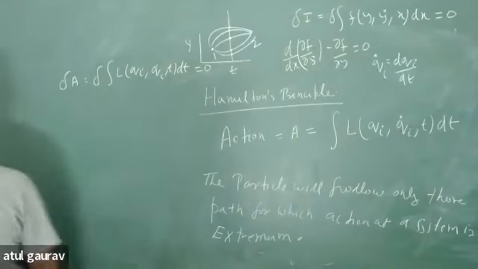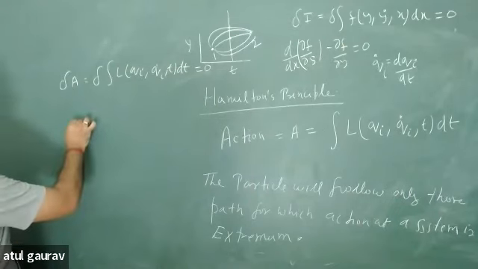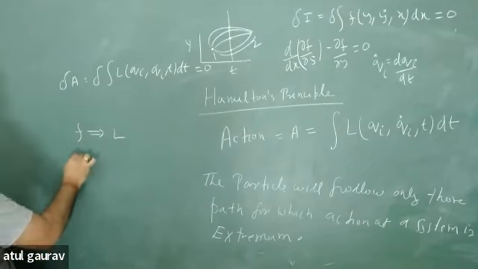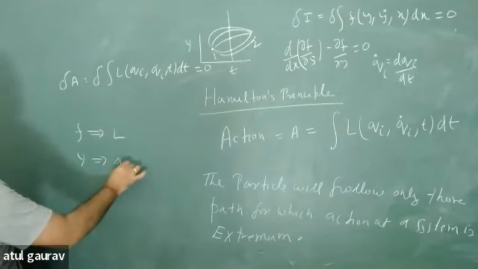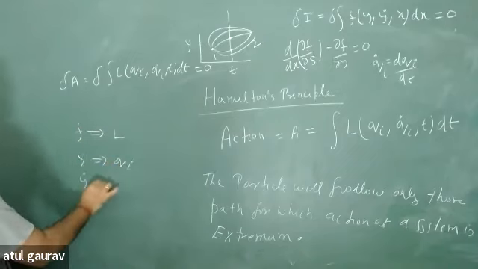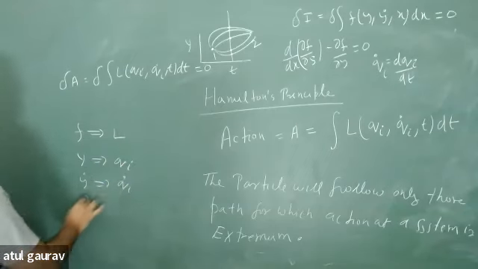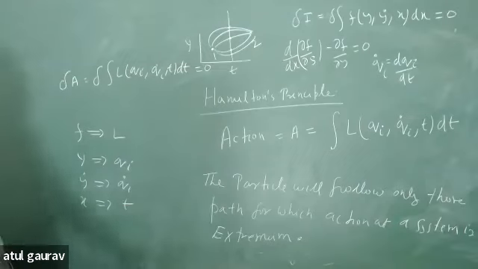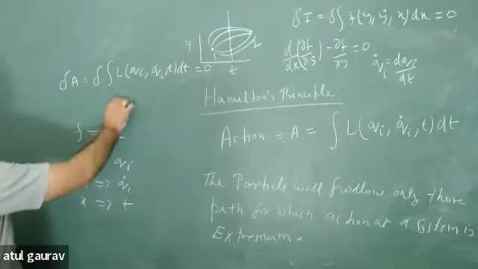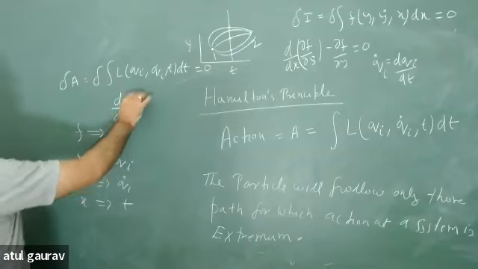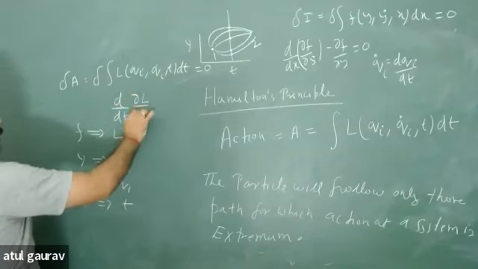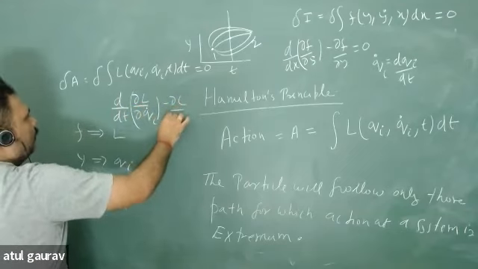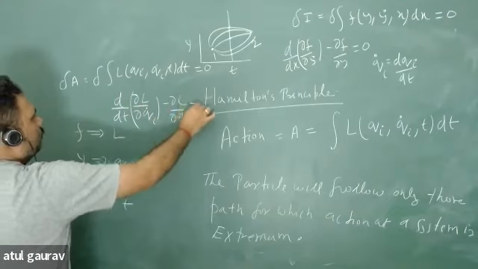So now we are going to compare it. When we compare, I can replace f with L, y with qi, y dot with qi dot, and x with t. And what will I get? I will get a very fundamental equation: d upon dt of del L upon del qi dot, minus del L upon del qi, must be equal to 0.